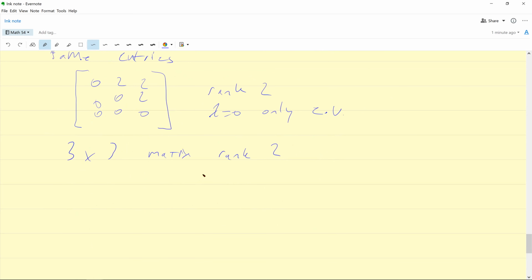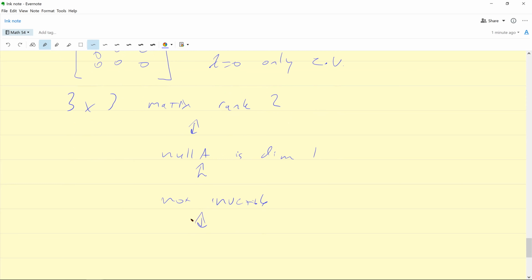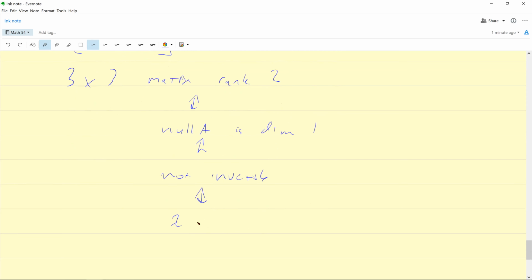So rank 2 tells us that the null space is dimension 1, which tells us it's non-invertible, which then tells us that this one distinct eigenvalue has to be just 0. Cool.